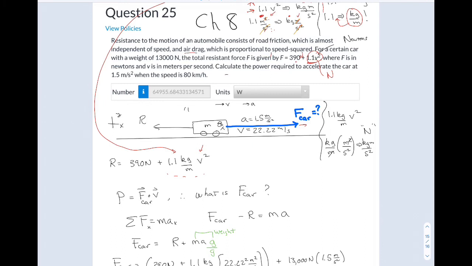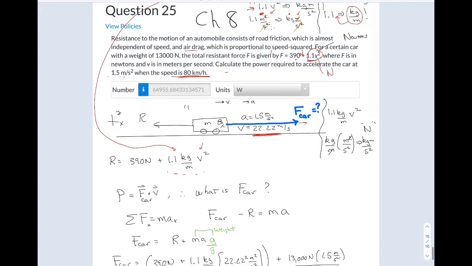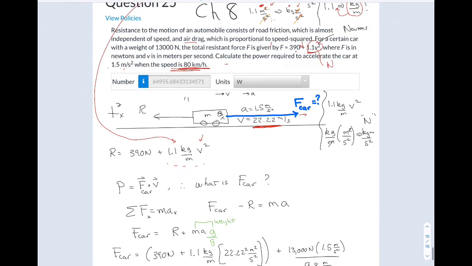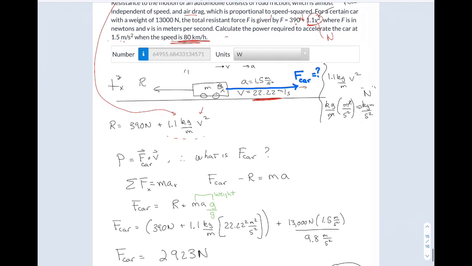They ask for the power required to accelerate the car at that acceleration when the speed is that, and I just converted the speed to meters per second. If they ask you to find the power required to accelerate the car at a certain speed, they're asking for the instantaneous power that the force is giving to the car. Which force are they talking about?